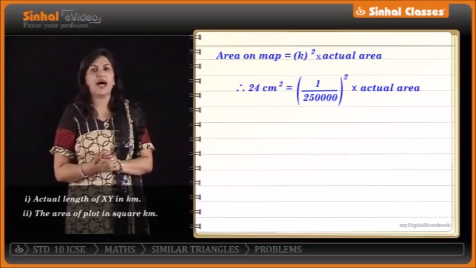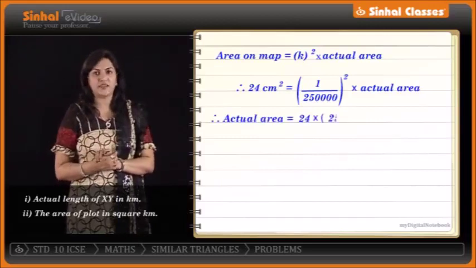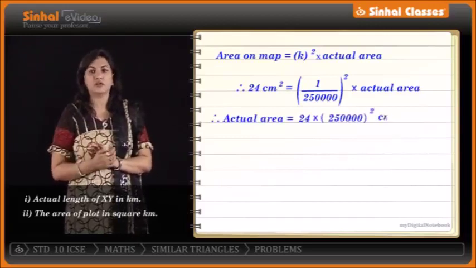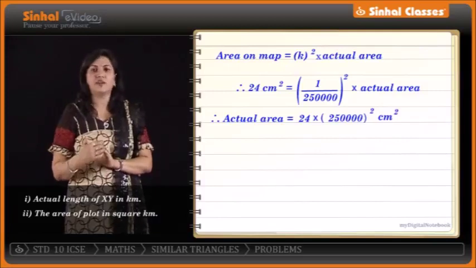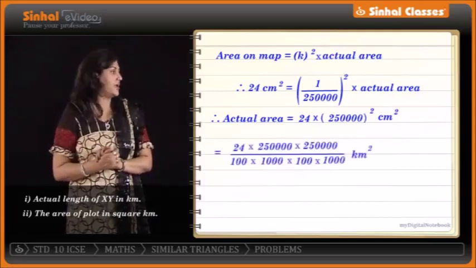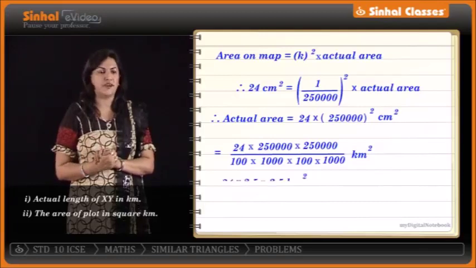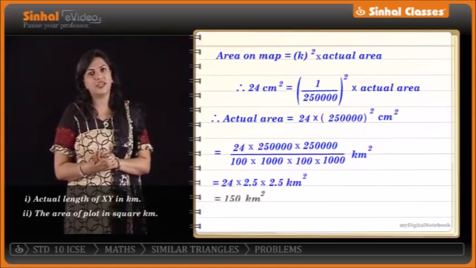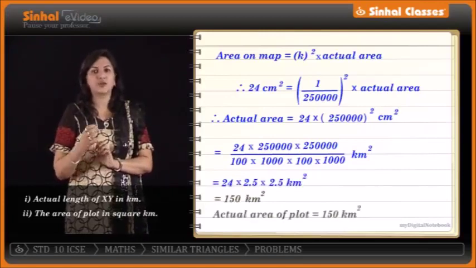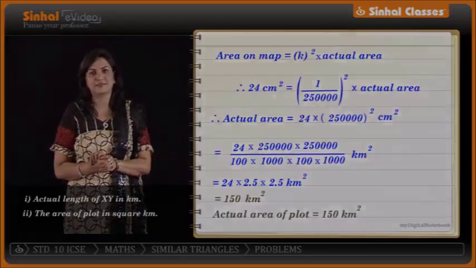So we write actual area as 24 into 2,50,000 the whole square centimeter square. We divide this by 100 into 1000 the whole square. On simplification, we will get 24 into 2.5 into 2.5 kilometer square. That is nothing but 150 kilometer square. So the actual area of the plot is 150 kilometer square.